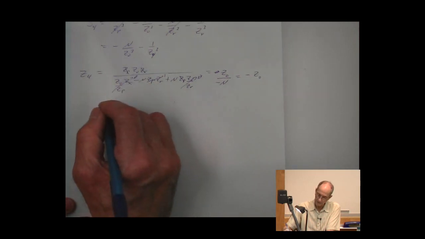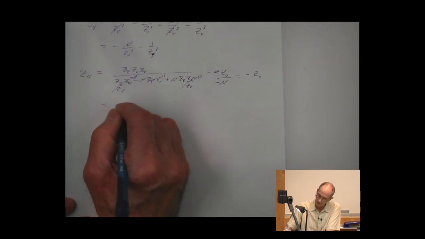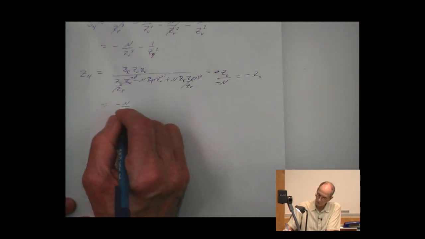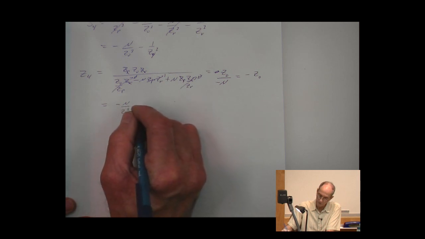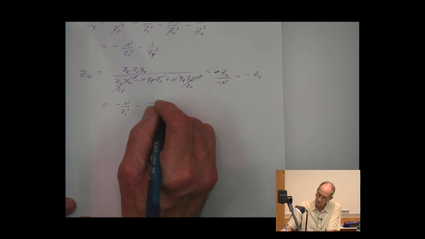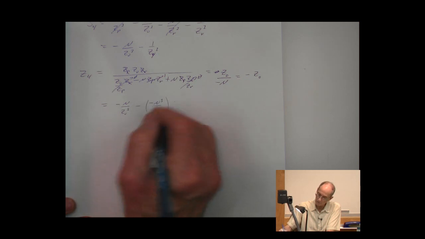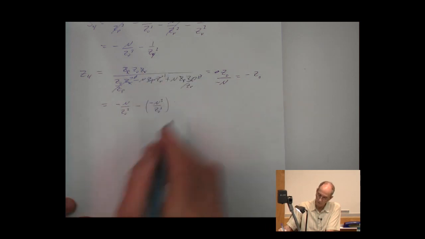And so if we substitute that in, a lot of you just said, well, okay, so this is 1 and that's it. But if you recall, in class we had minus, and I gave you full credit for that, but I just wanted to go through the full derivation here. Minus mu over ZO cubed minus minus mu cubed over ZO cubed when we substitute in for that Z4.